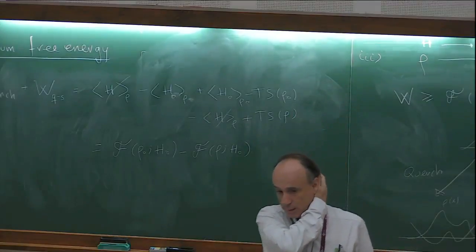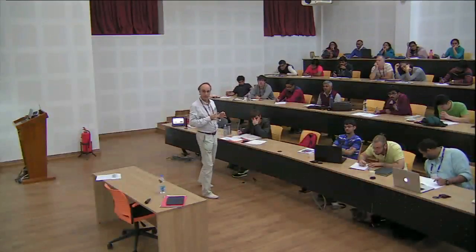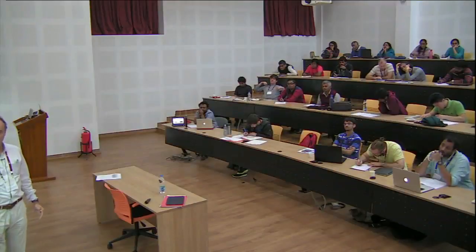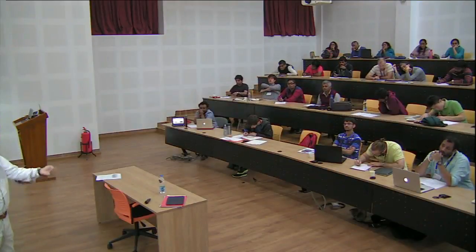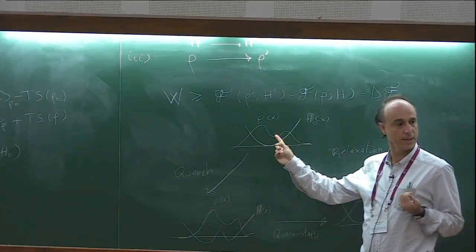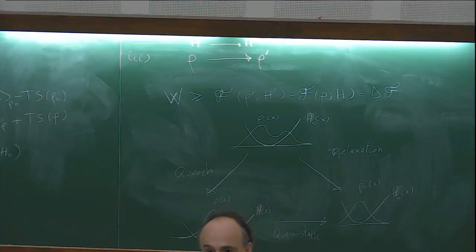So you see that in this process, the work that I perform is the difference of free energies, and it is also operationally irreversible. You think if I'm here, I can go quasi-statically here, and I recover all the work that I put, and then I quench this to this state, and I recover all the work that I put. So it's operationally irreversible, and the work is given by this difference.